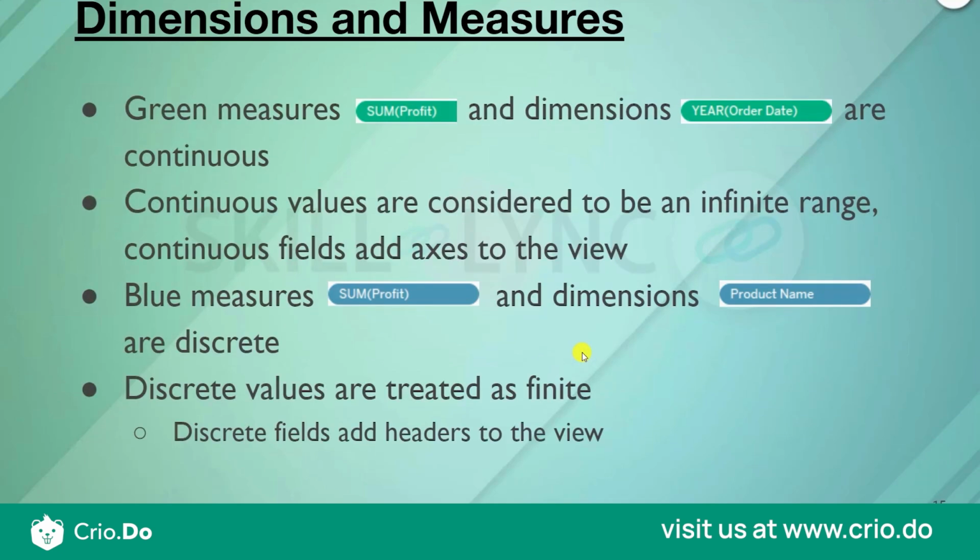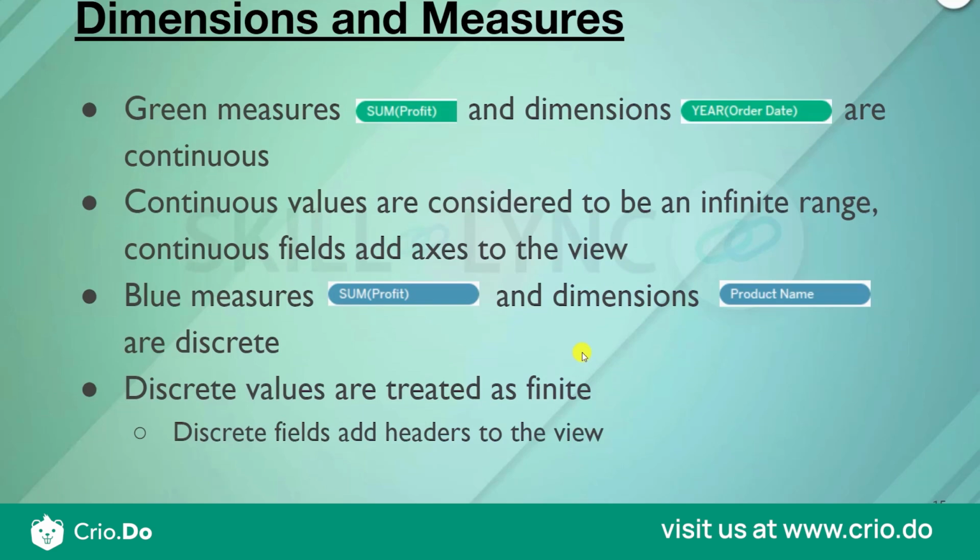In this example, sum of profit is a measure, but order date is a dimension. If you see a dimension in a green fill, then that would be continuous. Continuous values are considered to be an infinite range.